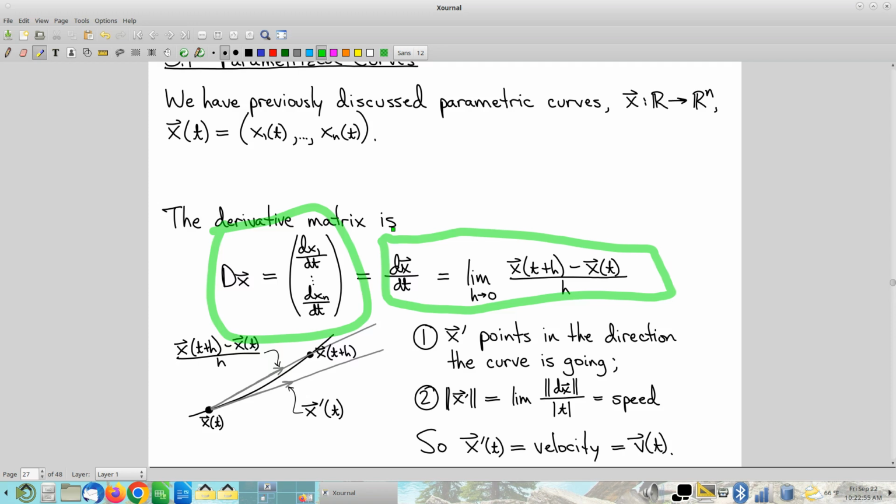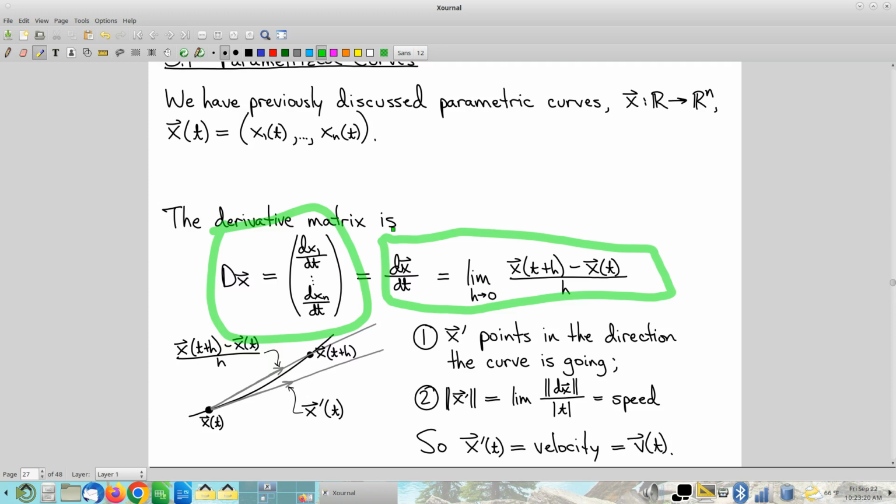And notice you have to subtract vectors now, because this is a vector valued function, but that's no problem. You can totally subtract vectors. You have to divide by h. Cool, it's a scalar, no problem. You can totally write that down. There's really nothing about the classical single variable definition of a derivative that you can't do in this case.